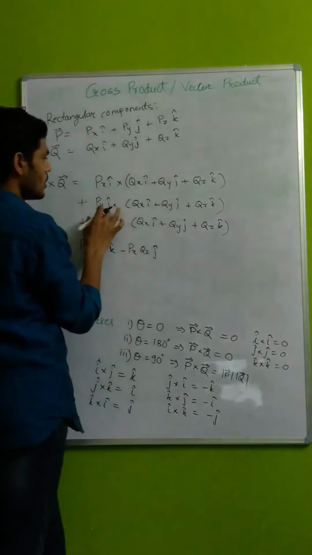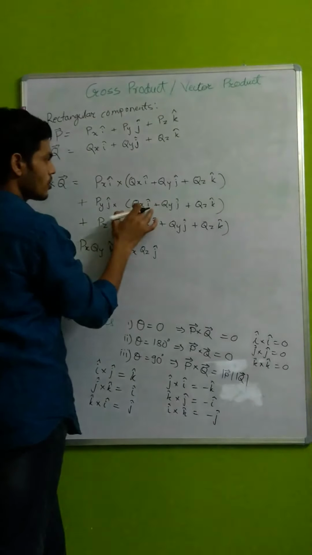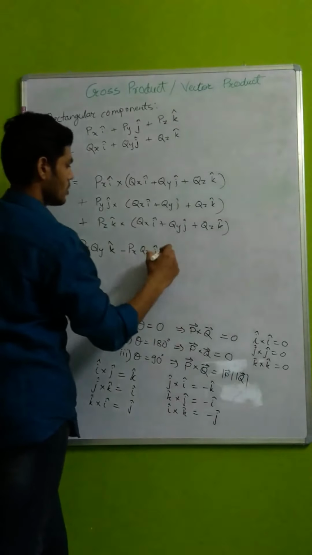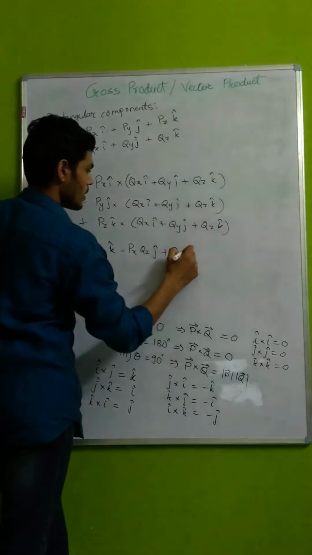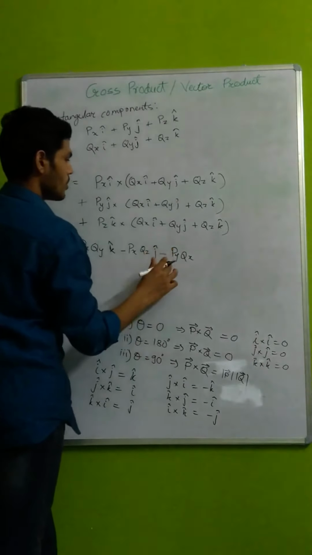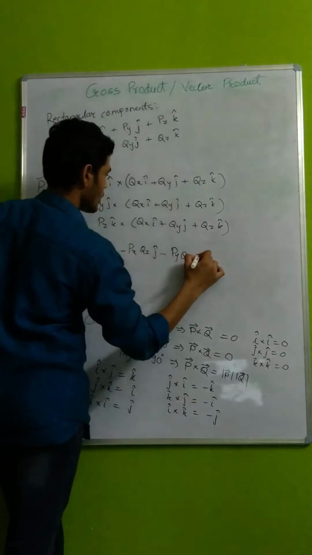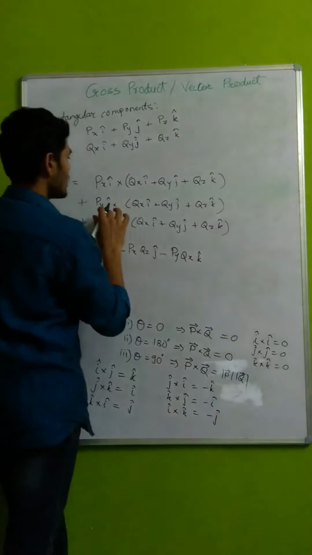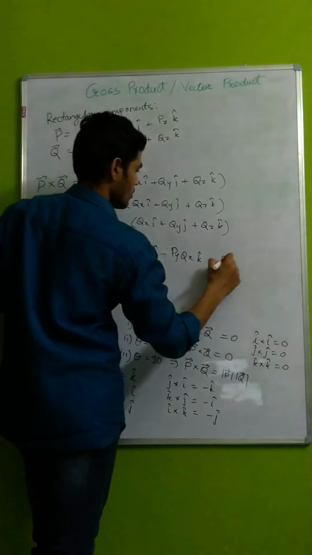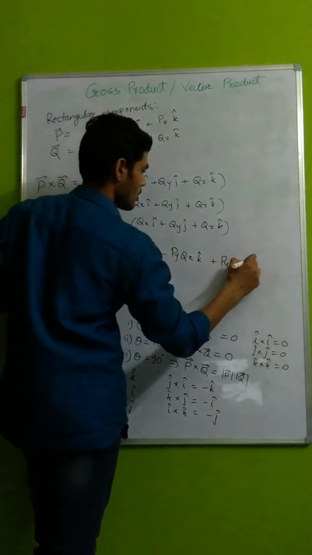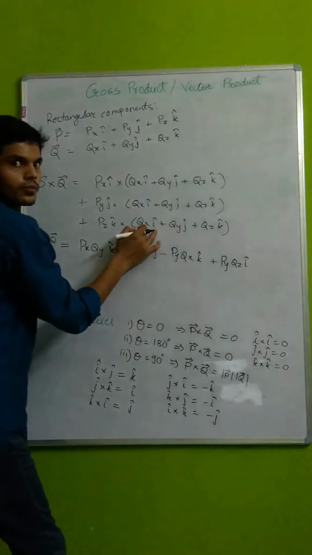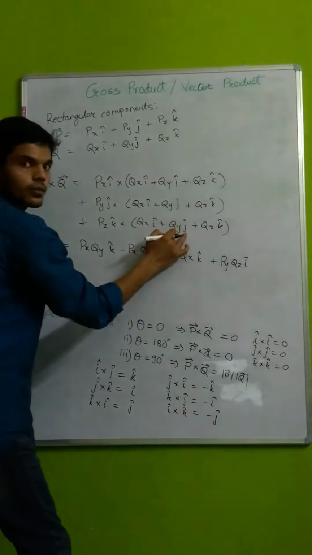Now in the second case, j cross j will be 0, but j cross i will be minus k, so this will be minus PyQx k. Then j cross k will be i, so this will be PyQz i. Now k cross i is j and k cross j is minus i.